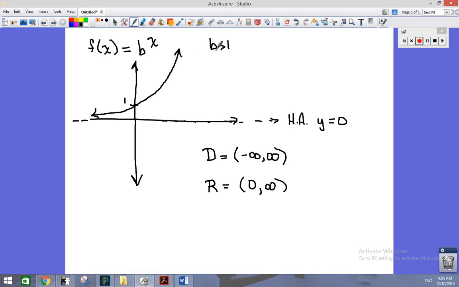Now, if there's a transformation on x, if there's a reflection, then that's going to reflect across the y-axis, or it could be written with a base that's less than 1. So let's quickly talk about that.